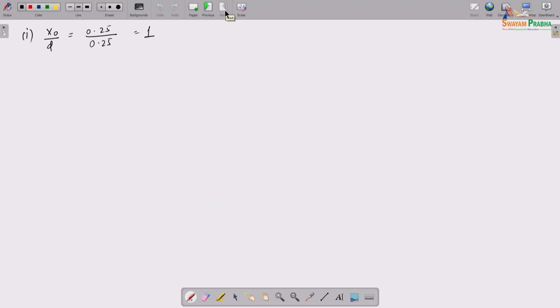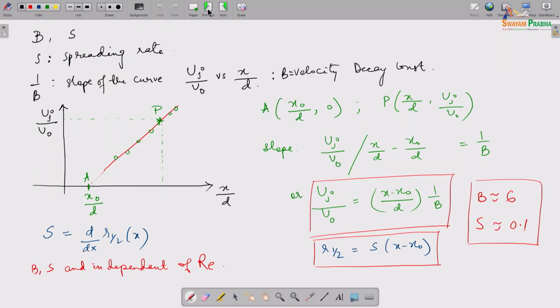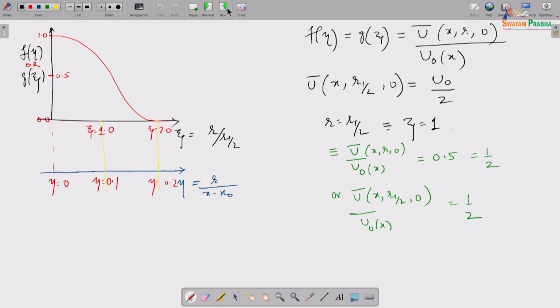Uj is equal to 10. The way I calculated the slope, I am going to just use this expression.